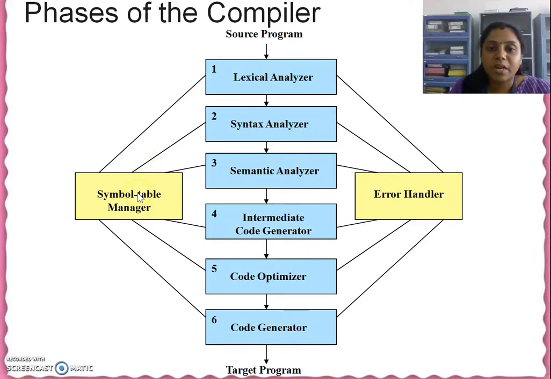Apart from that, a symbol table manager is required in the compilation phases. The symbol table manager stores the variables we use in the source program. Whenever required during compilation, the compiler takes the variables from the symbol table, and it is referenced in all the other phases. That is the purpose of a symbol table.